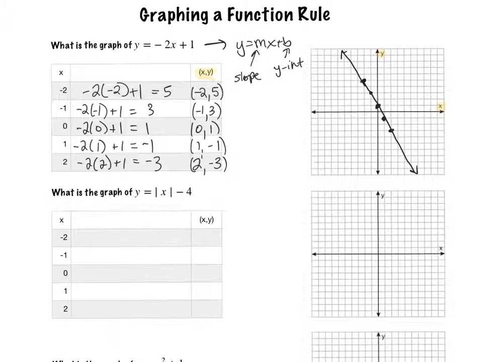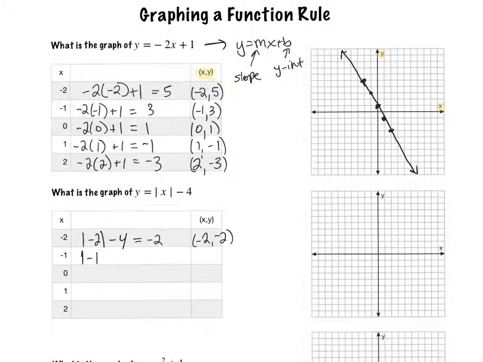So when I go to plug these things in, something kind of different happens with these graphs. If I plug in negative 2, Brendan just told us the absolute value of negative 2 is 2. And if I take 2 minus 4, I end up at negative 2. So I have my point there. I can keep that going.